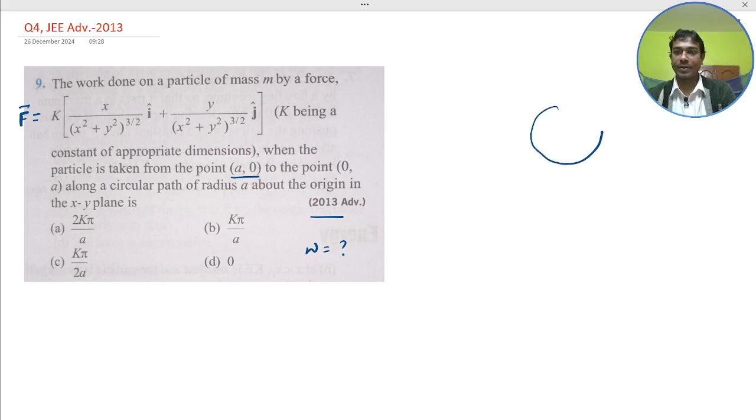So this is a circular path, origin, x and y.